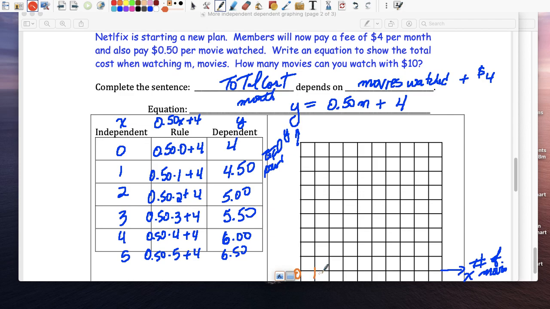You know what, I'm going to have to do 2, 3, 4, 5, 6, 7, 8, 9, number of movies, 10 movies that I watch. And then over here, let's go by 4s. So every box is 4. 8, 12, 16, 20.